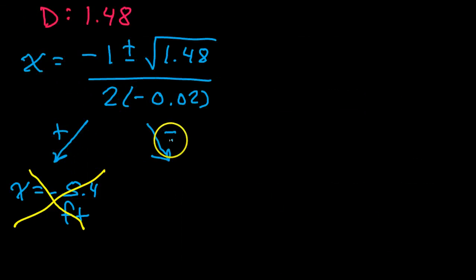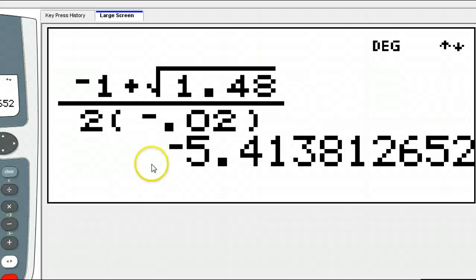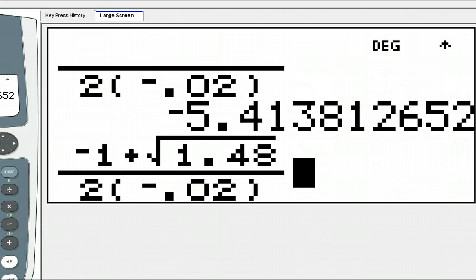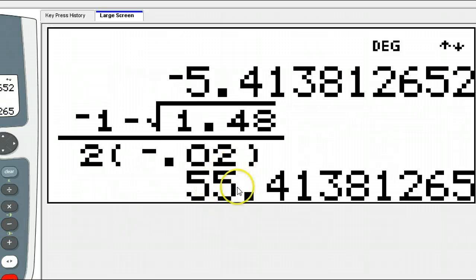We did the plus version, now we're doing the minus version. To save yourself from having to type it all in again, use your up arrow key, highlight, hit enter, and then use your left arrow key to scoot over and make it a minus and hit enter. So 55.4 feet.